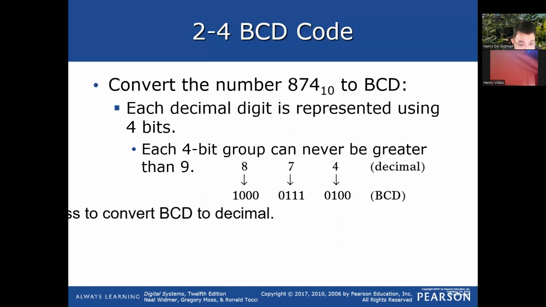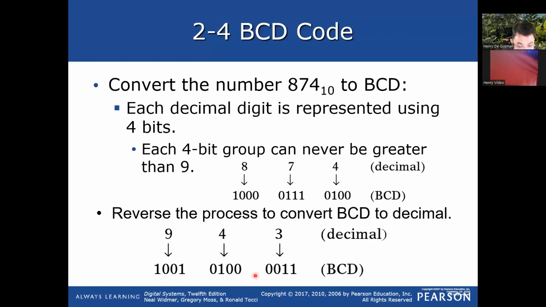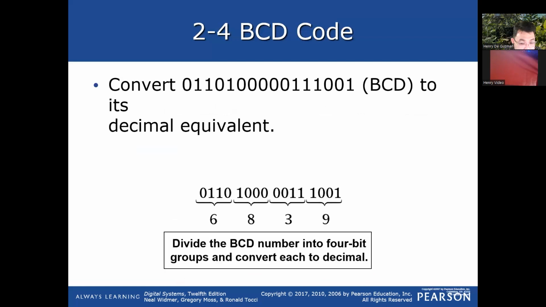Let's do it in reverse. Let's say this is BCD, convert it into decimal. Group it by 4, then whatever it is, it is exact. So 1001 is 9, 0100 is 4, and 0011 is 3.